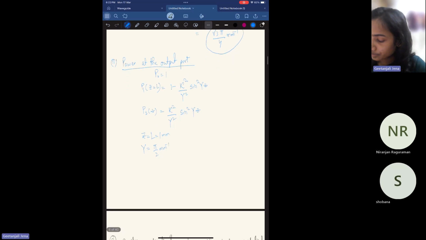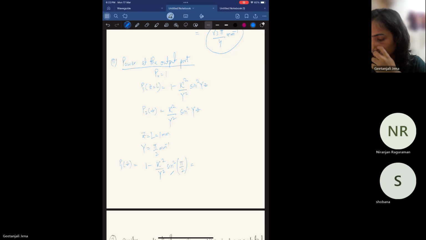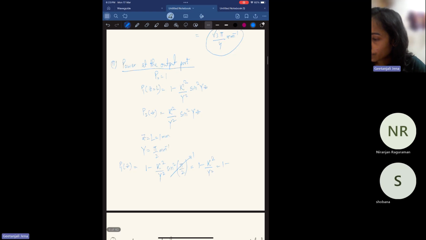So that means P1z is 1 minus kappa square over gamma square sine square pi by 2. Z is 1, so this is 1. 1 minus kappa square over gamma square. What is kappa now?